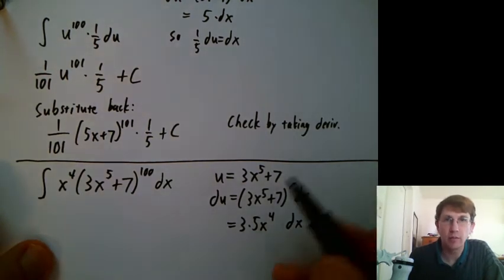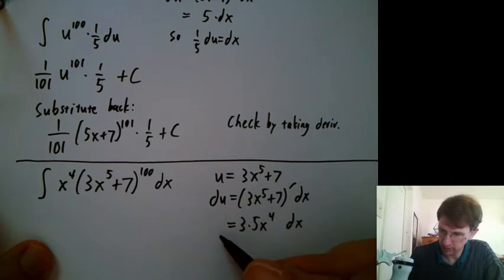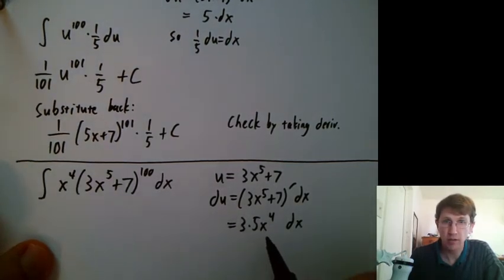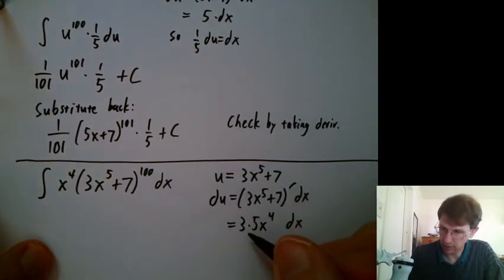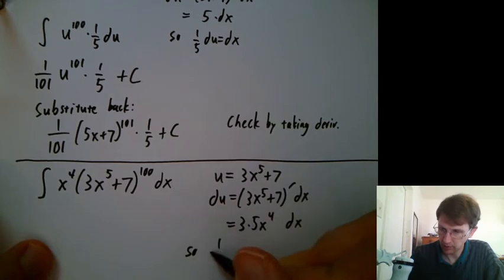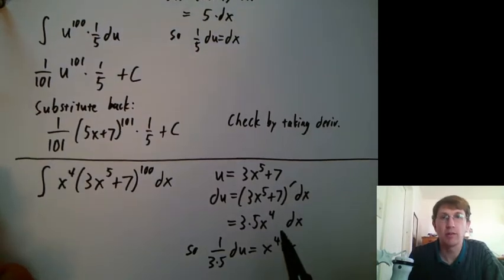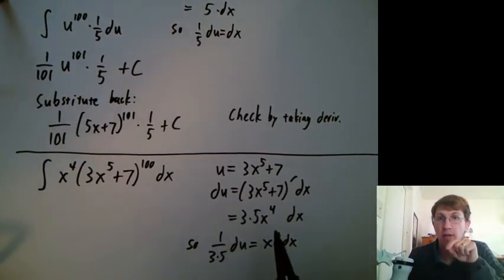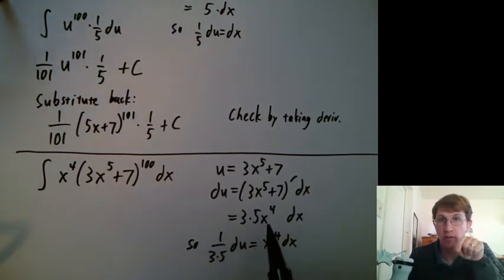And here's the tricky part. Can I just replace dx with du? No, they aren't the same. What I can do is move the 3 times 5. So say 1 over 3 times 5 du equals x to the 4th dx. Notice there I divided both sides by the 3 times 5, but I did not move the x to the 4th over.